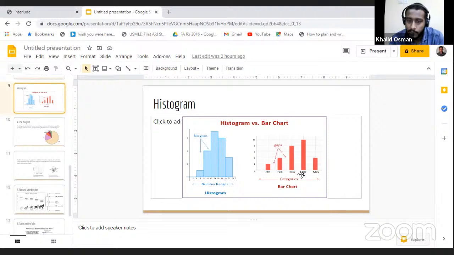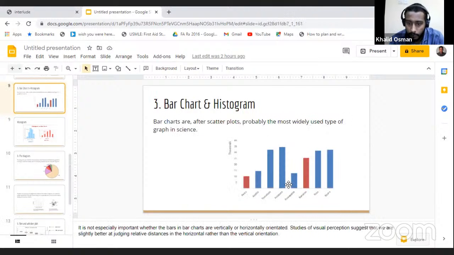If you have different categorical data, for example, these are different types of fruits, pineapples, potatoes, tomatoes, and so on, you are going to use a bar chart. They look the same, but they are not, and it's important to know which one you are going to use. I hope this answered your question. If not, maybe someone else can have a different opinion.